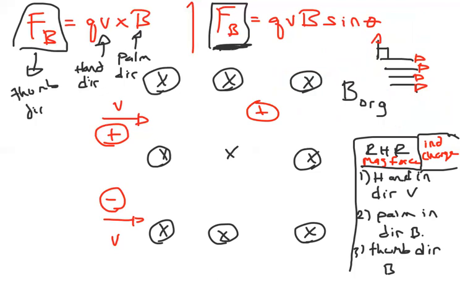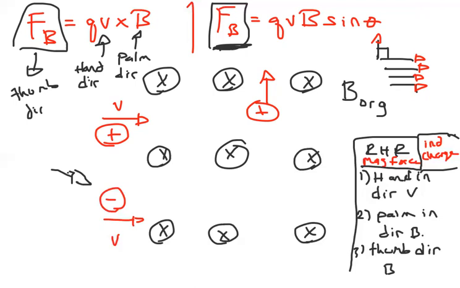Good job. And then we know that for the negative charge, all we have to do is what? If there's a negative charge, you don't have to go through this whole process again. Since we have this positive charge here and our hand is already in a specific orientation, with our thumb up and our fingers to the right, what do we have to do to get the magnetic force for the electron?